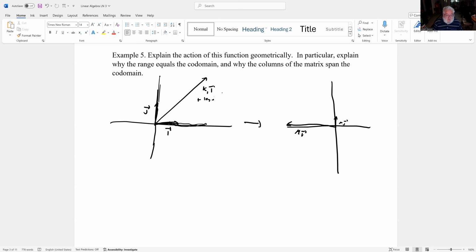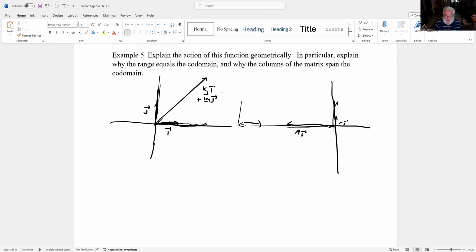So what does it do to this vector? Well, we keep the k1 and the k2, but now the k1 is being multiplied by a vector that's 3 times as long, pointing in the opposite direction. So we go out 3 times as far in this direction. And the k2 now, k2 times j, that's being multiplied by mj, which is a half as long. So we just go half as far in that direction.